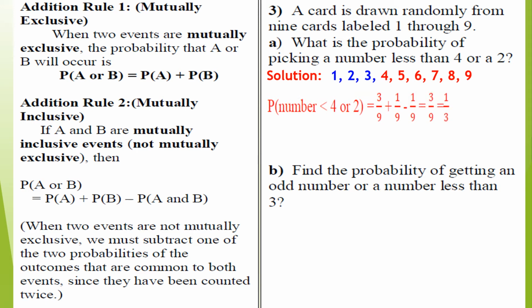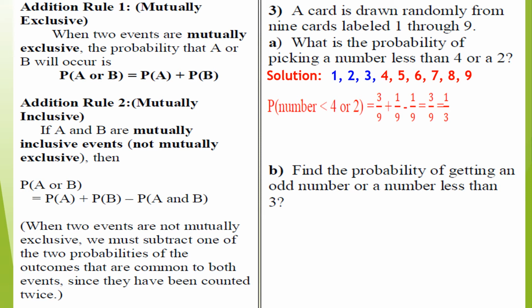So the probability that it is a number less than 4 or 2 equals the probability less than 4, which is 3 over 9, plus the probability it is a 2, which is 1 over 9.